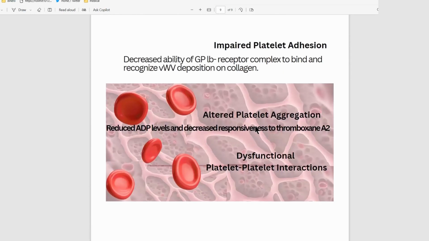You also have a problem with platelet aggregation. So you need ADP. Once you bind that GP1B, you have to activate these platelets, right? You activate them, they degranulate. You have release of ADP, binding to P2Y receptors on the platelet. As well, you have release of thromboxane A2, which is important to call over more platelets.